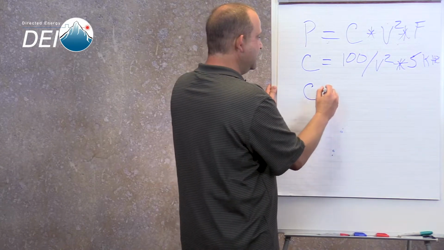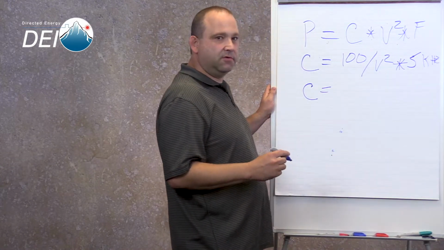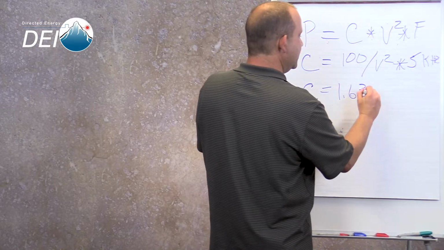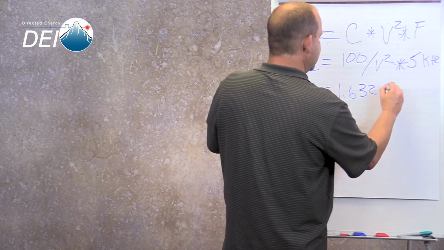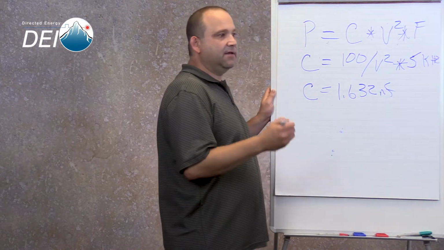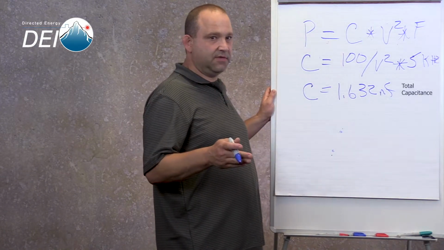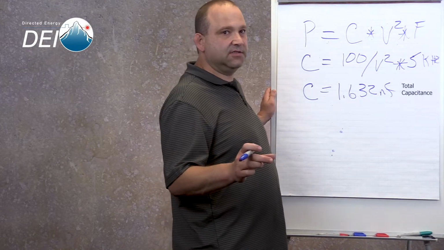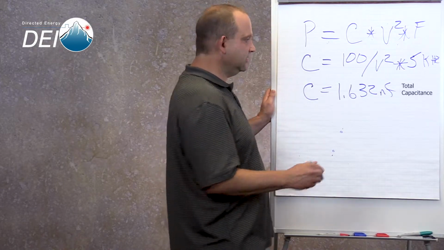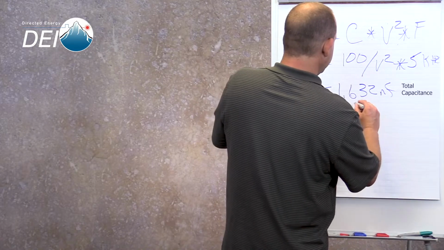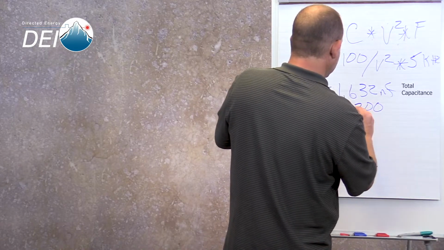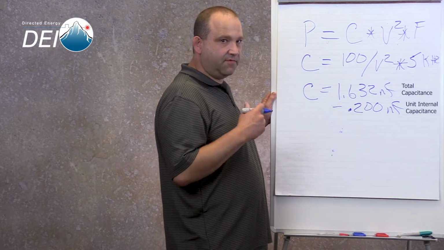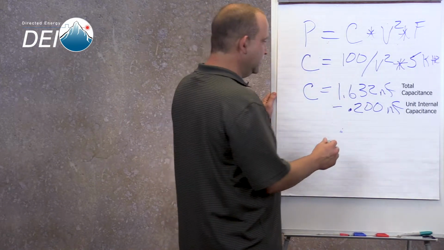Now this C equals a total of 1.632 nanofarads. Now that's the total capacitance for this unit. But in order to figure out what the load capacitance is going to be, we need to subtract 0.200 nanofarads or 200 picofarads for your unit capacitance.